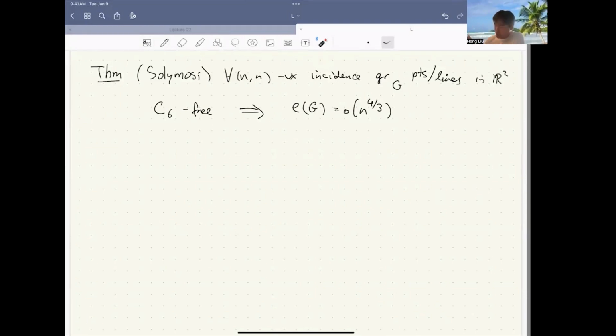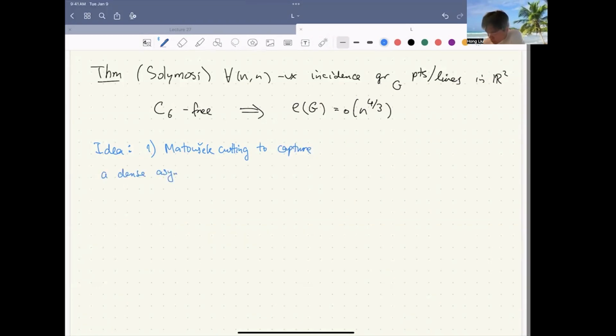In the first part, the idea, maybe let me use blue, is first to use Matoušek's cutting lemma to capture a dense asymmetric bipartite subgraph.